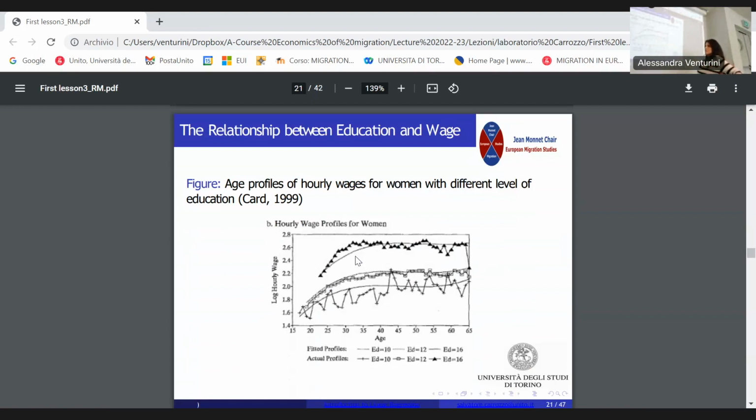This makes it more difficult to fit, while it is very easy here for this group, the education 10 years. The error is very small, just a little bit here. Here you have a little bit of error there, and so on, but to fit here is a pain in the neck. When you have data like that, it's really difficult.